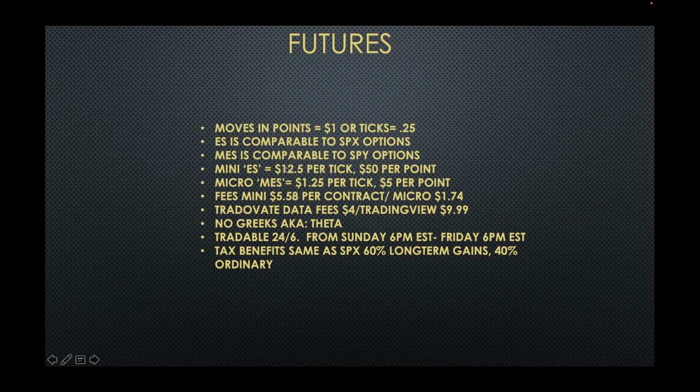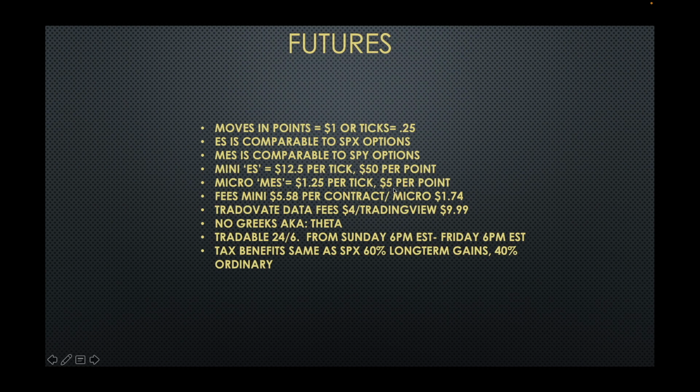And here's the dollar value amount. A tick is $12.50, which means 4 ticks, which is a point, would be $50 in the mini, which is ES. The micro, which is MES, is the exact same thing, except it just costs a lot cheaper. So it's $1.25 per tick, which means a point, which is 4 ticks, would be $5 per point.